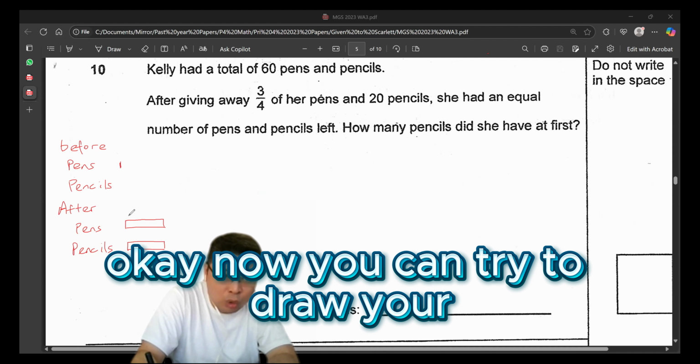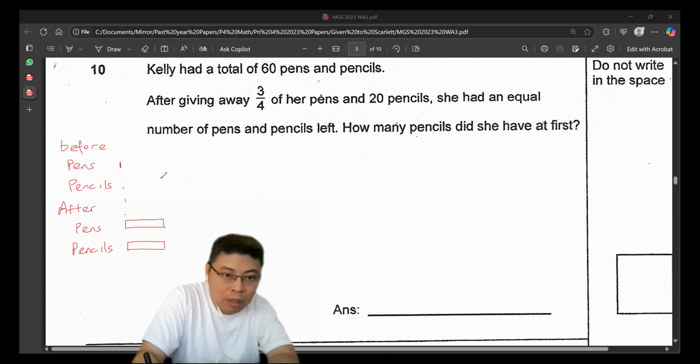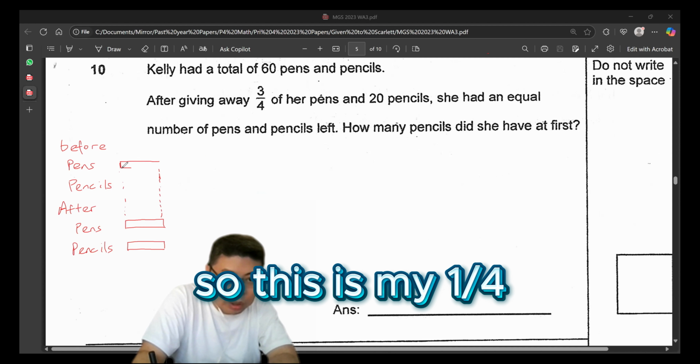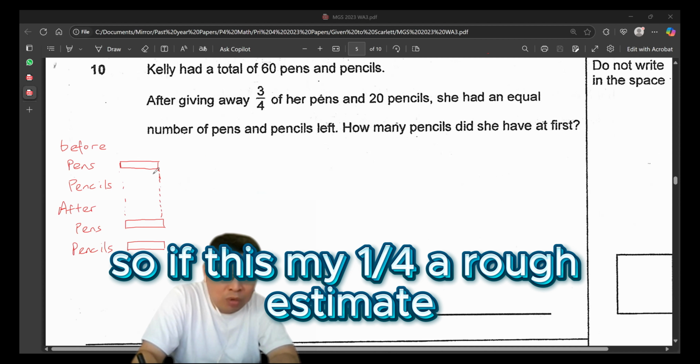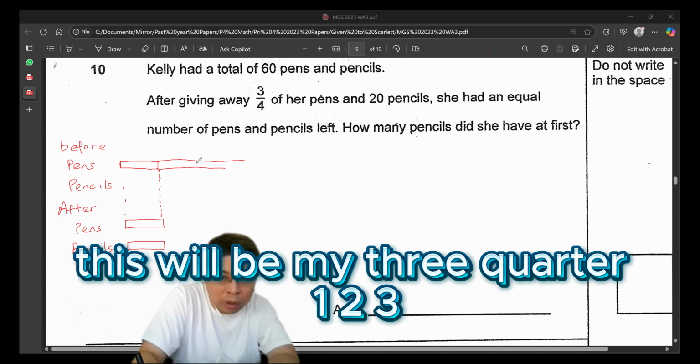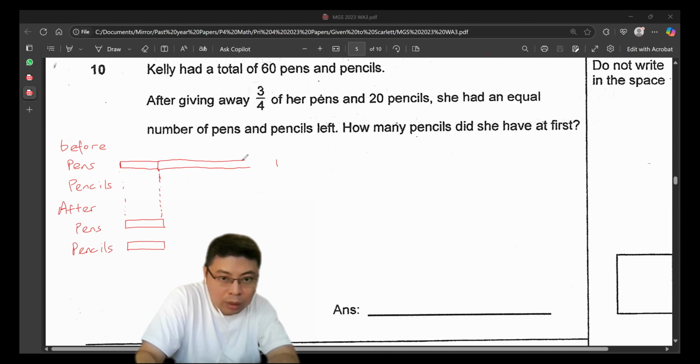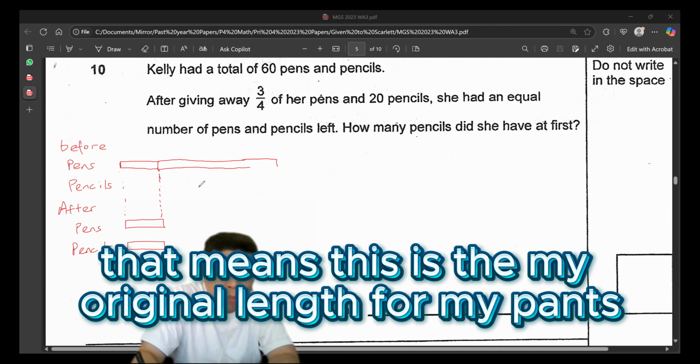Now you can try to draw your original model. So this is my 1/4. If this is my 1/4, a rough estimate, this will be my 3/4. 1, 2, 3. That means this is my original length for my pens.